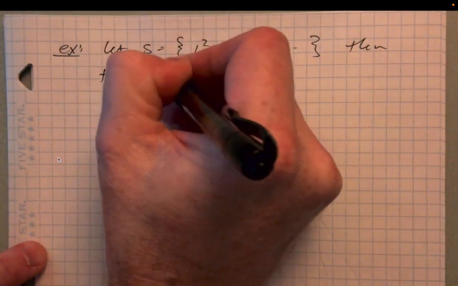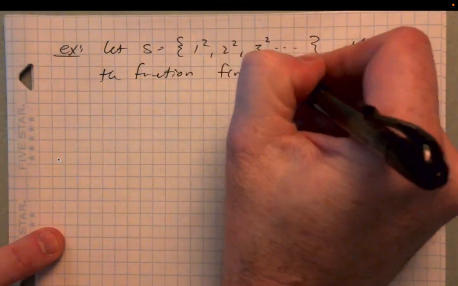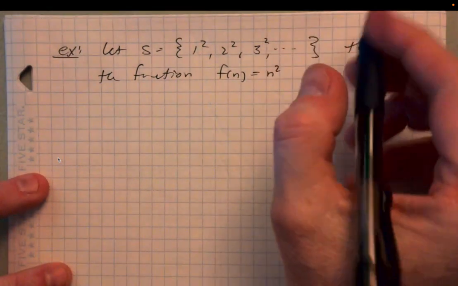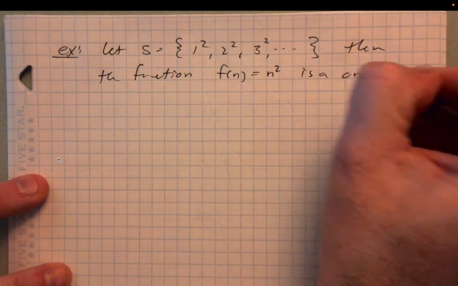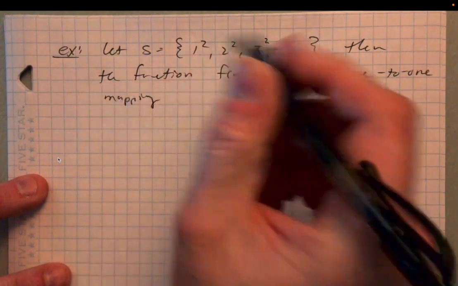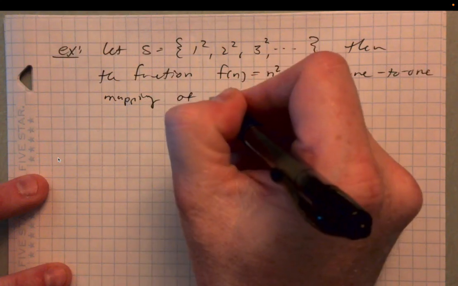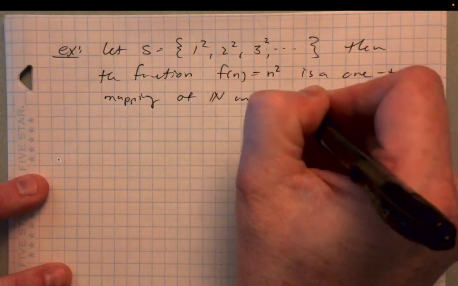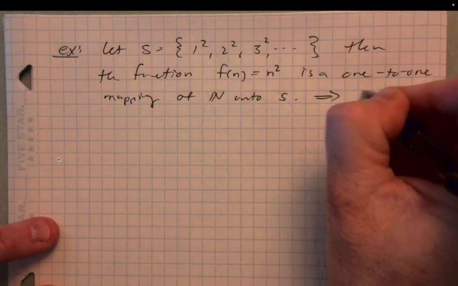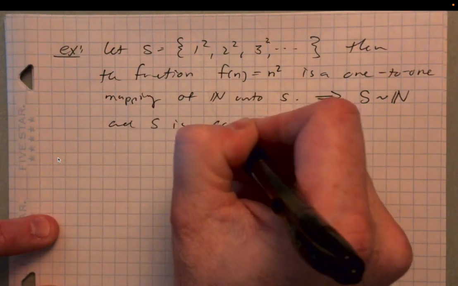We can easily come up with a one-to-one onto function here. We would say f of n equals n squared would be an appropriate function. f of n equals n squared is a one-to-one mapping from the natural numbers onto S. And so the implication there is that S is equivalent to the natural numbers and S is countable.